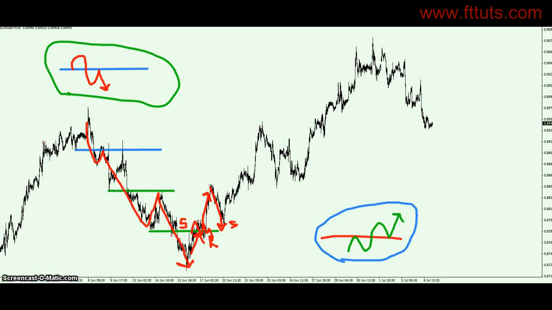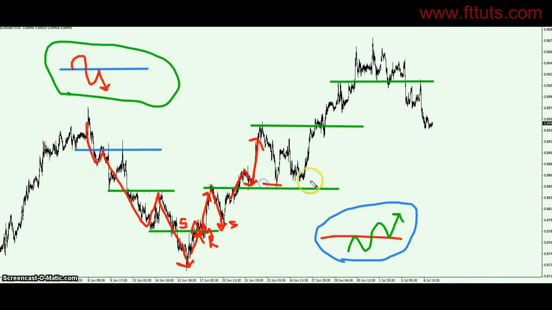If we go ahead and mark now the resistance levels, we can see that price follows the same structure through those resistance levels, and so resistance is breached, retest, resistance turns to support, trend continuation.